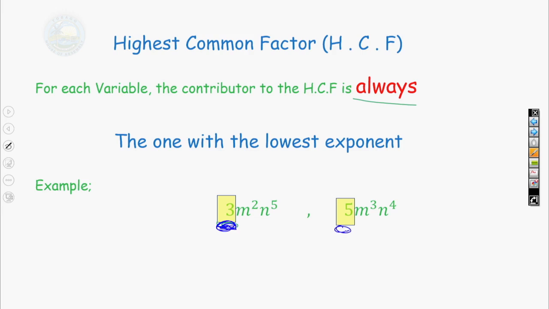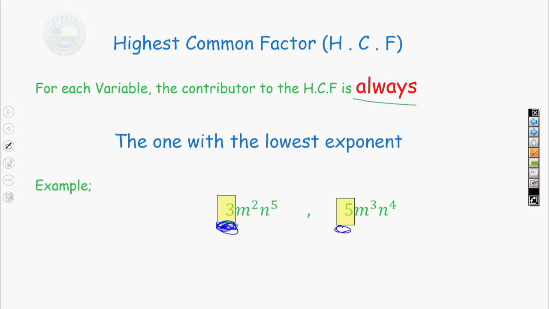3 and 5. Do they have common factors? No. 3 is a prime number. 5 is a prime number. Well, let's not say no. We should say, do they have common factors outside of 1? Because 1 is a factor of any number. So for 3 and 5, do they have common factors outside of 1?